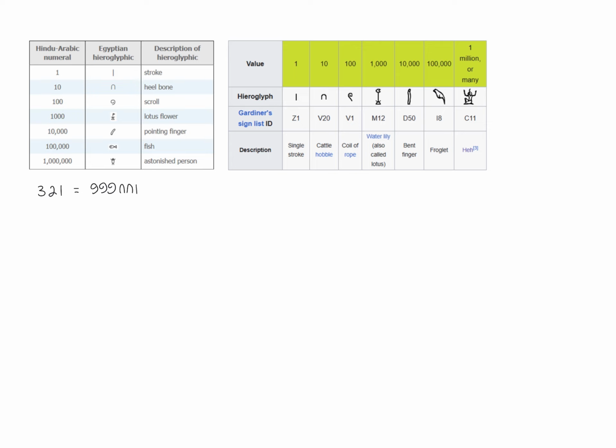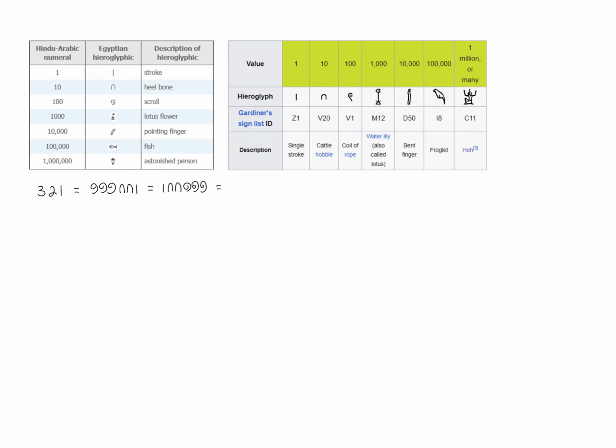Now, when we're dealing with ancient Egyptian numerals, the order doesn't actually matter. So we could also write this with the 1 first, and then the tens, and then the scrolls after. Or we don't even have to write it out horizontally like that.